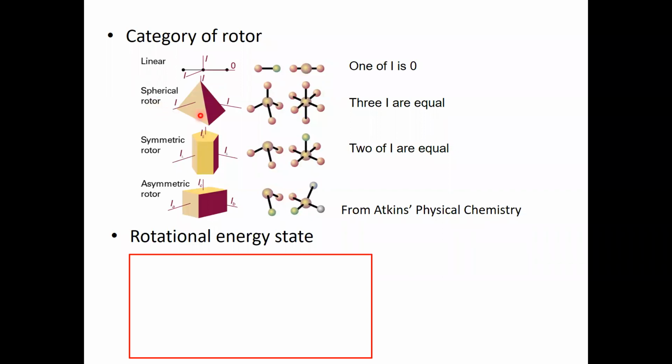So in the case of a spherical rotor, you can take 3 XYZ rotation axes, but the 3 inertial moments are equal. And if you have a symmetrical one and an asymmetrical one, the independent I number is different.